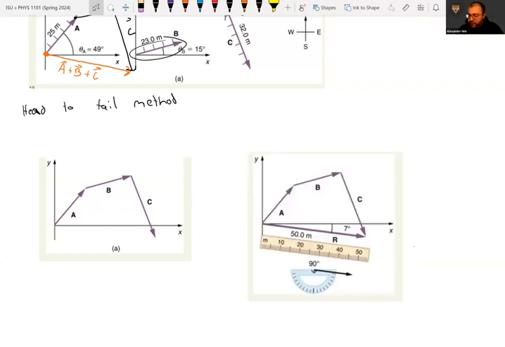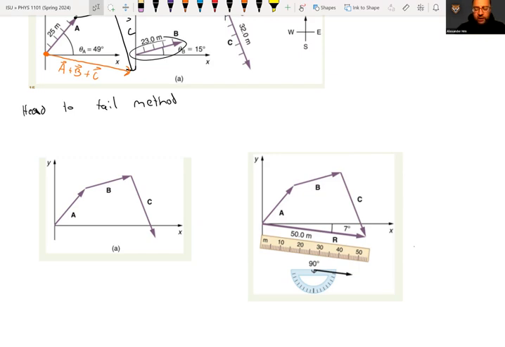You'd have to measure the length and the angle of the resultant vector. Now, if you've done your vectors correctly enough, like if you've been really precise about their locations, their angles, this is doable. But it's less than optimal. Okay, so there is an analytical method which we'll get to in just a minute.